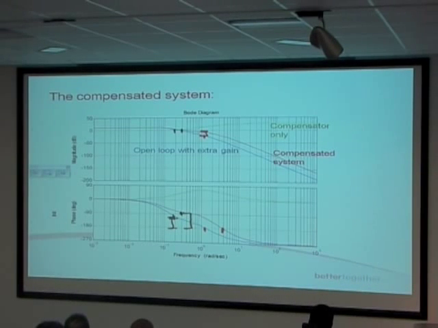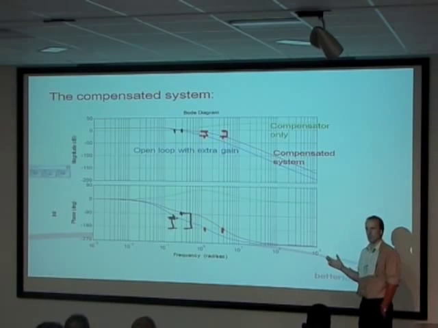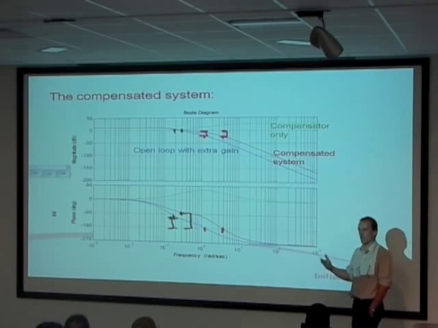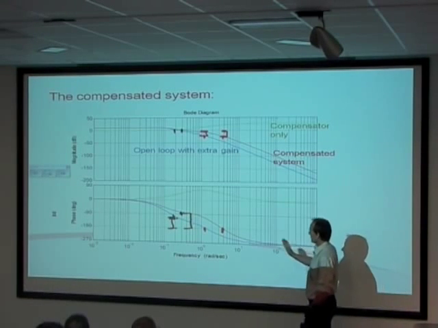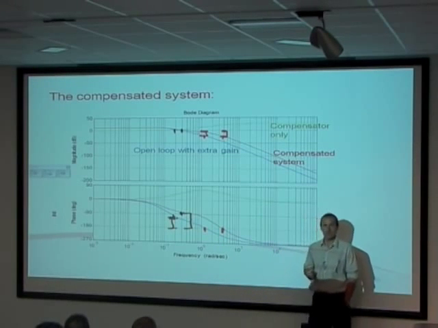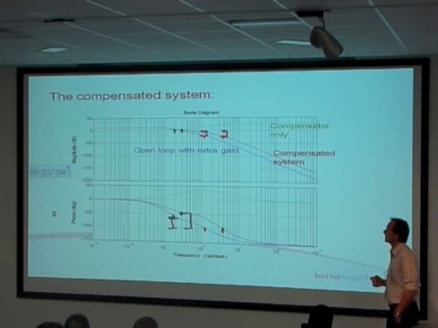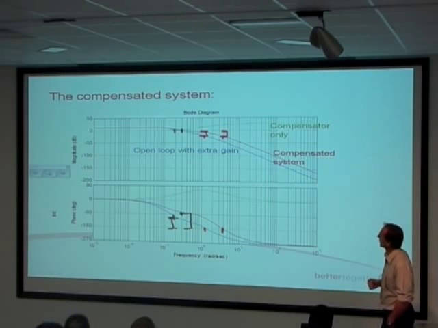So at that frequency, despite the fact we've got additional gain coming in, because of the way the compensator works, because we've managed to push this frequency up so much, my gain margin certainly hasn't got any worse, has it? And in fact, it's probably fractionally better looking at that picture.